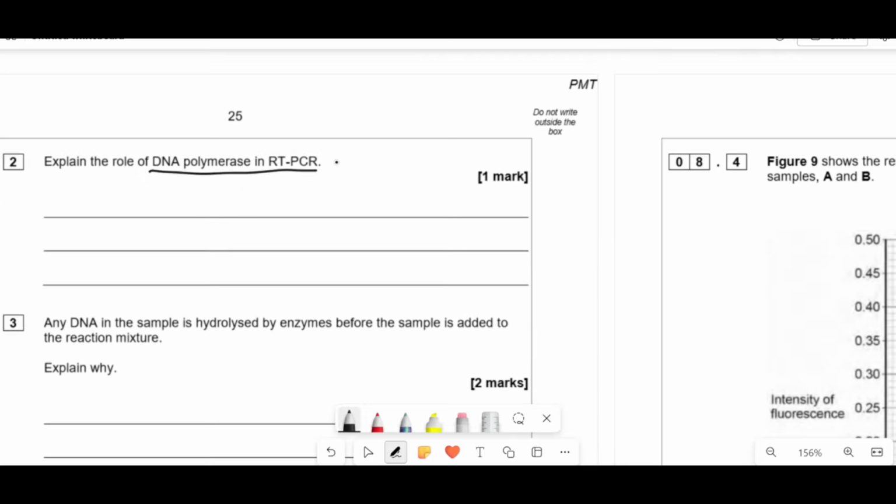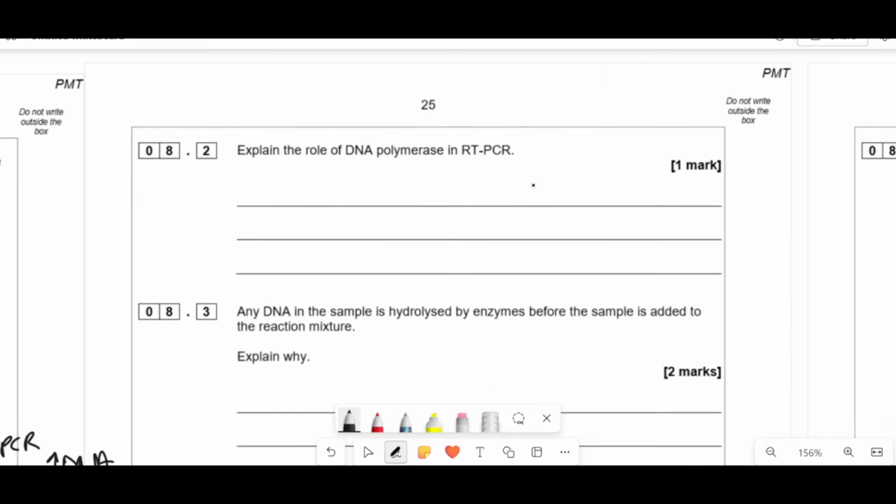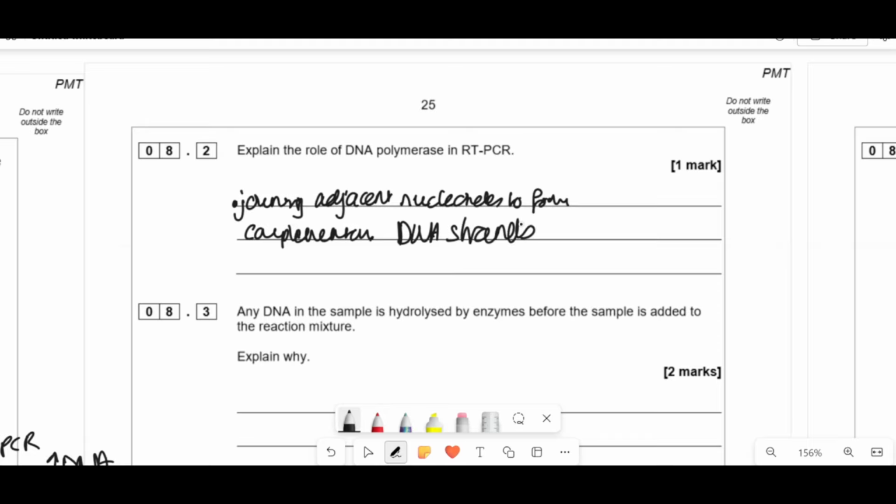Here it says, explain the role of DNA polymerase. The entire point of polymerase is it's joining adjacent nucleotides to form complementary DNA strands. Now, a lot of people were making mistakes. For example, they were saying it was joining complementary bases together, which is incorrect.